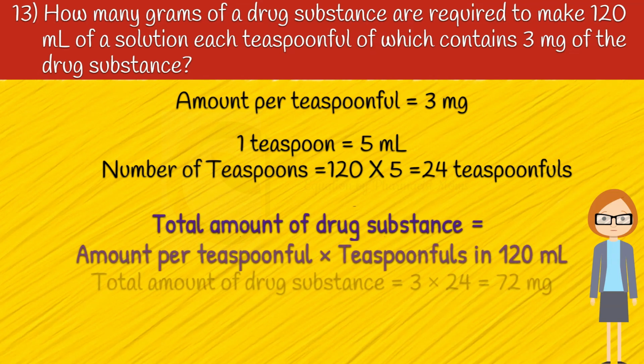Now, we can calculate the total amount of the drug substance needed for 120 milliliters of solution. Total amount of drug substance is equal to amount per teaspoonful multiplied by teaspoonfuls in 120 milliliters. Total amount of drug substance is equal to 72 milligrams.